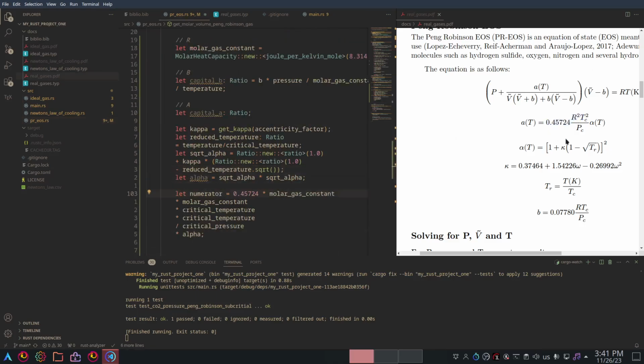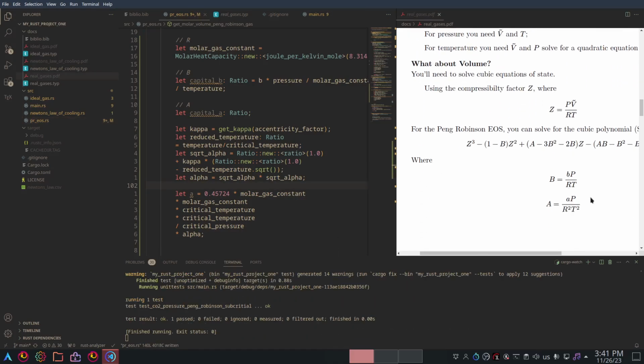So let's just check the numbers. 0.45724 times R squared, so molar gas constant times molar gas constant, times critical temperature divided by critical pressure times alpha. So this is A. So this A of T is here. And then what is this capital A?